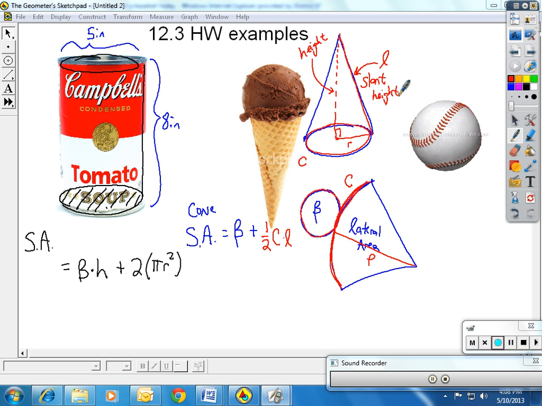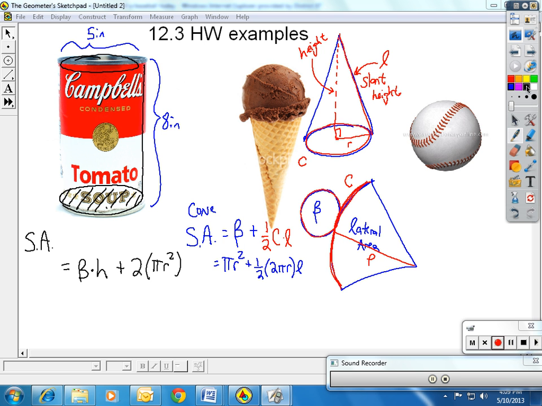So what I have now is this. To find the surface area of a cone, I take pi r squared and add it to 1/2 the circumference, which is 2 pi r, multiply that by the slant height. So there's a formula for finding the surface area of a cone.